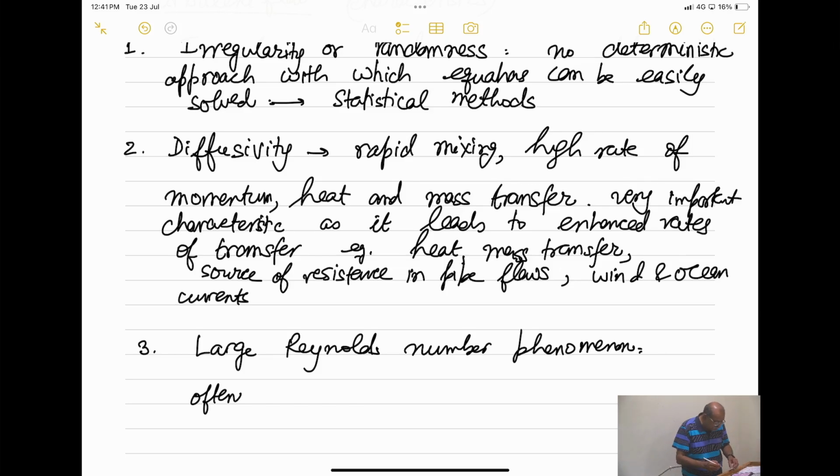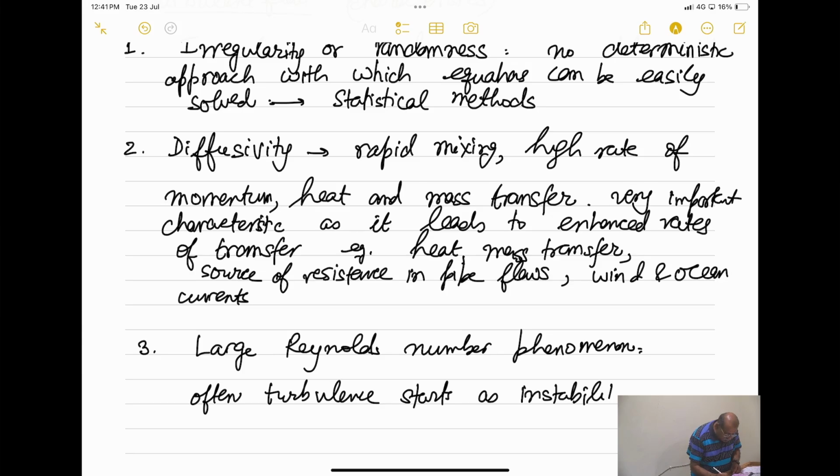So often the turbulence starts as an instability of laminar flow.